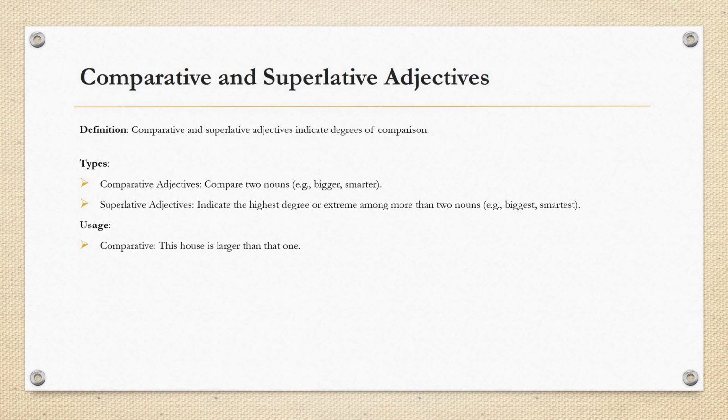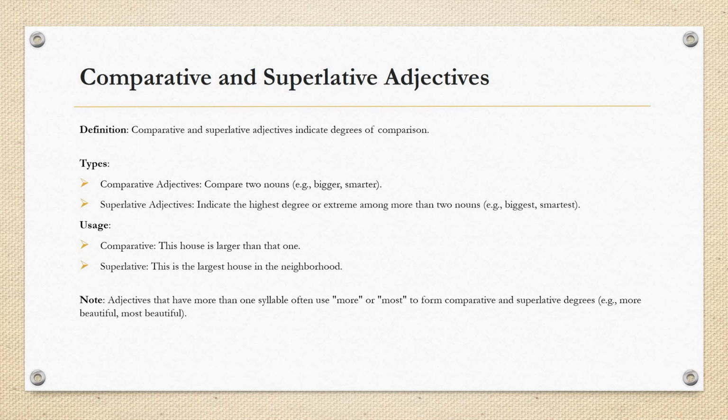Usage. Comparative: "This house is larger than that one." Superlative: "This is the largest house in the neighborhood." Note: adjectives that have more than one syllable often use "more" or "most" to form comparative and superlative degrees. For example, more beautiful, most beautiful.